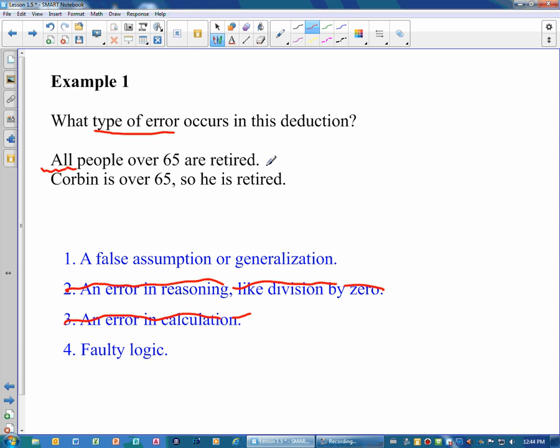Can you think of anybody over 65 that isn't retired? Because if you can, then you're making a false assumption or a generalization, because not all people over 65 are retired. So that would be the type of error in this deduction. That's all you'd have to say. This type of error would be a false assumption or generalization.